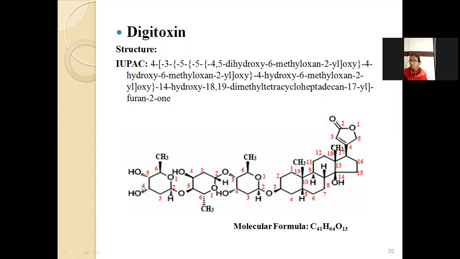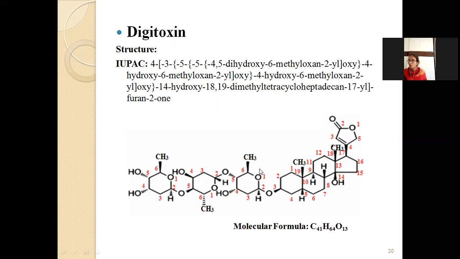At what positions do we have the hydroxy? 4 and 5, two of them, so it is 4,5-dihydroxy-6-methyl oxane. In which position is it attached? In the second position, so it is 2-yl, and here oxygen is there, so it is oxy. And here in the fourth position hydroxy, so 4-hydroxy-6-methyl oxane, and in the second position it is attached to another structure.